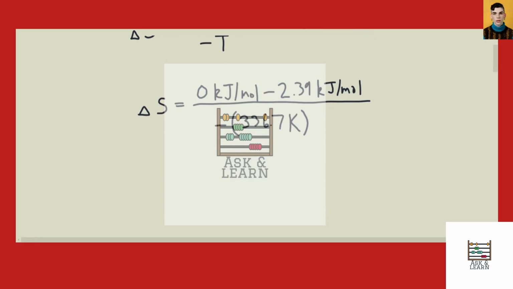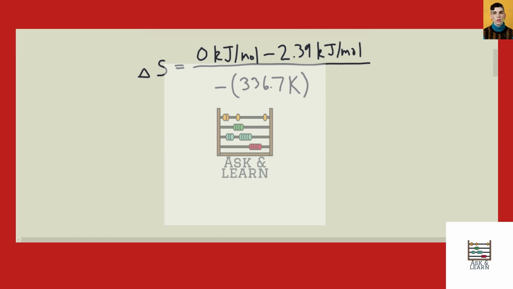And if we multiply our answer by 1,000, we can get it in units of joules per mole Kelvin. When we do that, we see that we get about 7.10 joules per mole times Kelvin.